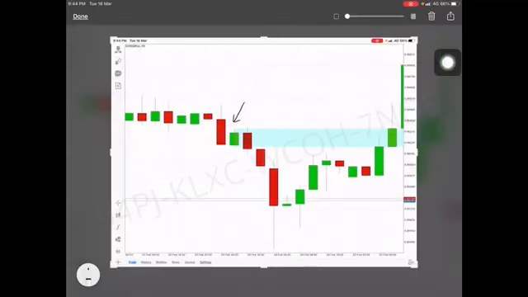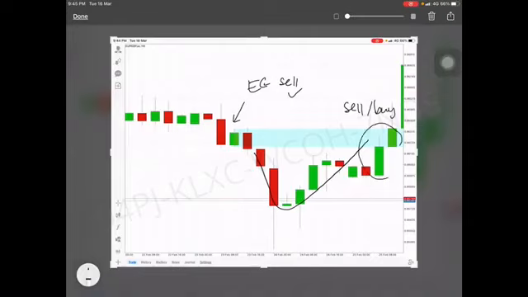Is it engulfing sell or engulfing buy? This one is sell. So engulfing sell. That is correct. So when the price comes to the zone, what are we looking for? Sell or buy? Buy. Nope. At this point, we are looking for sell.